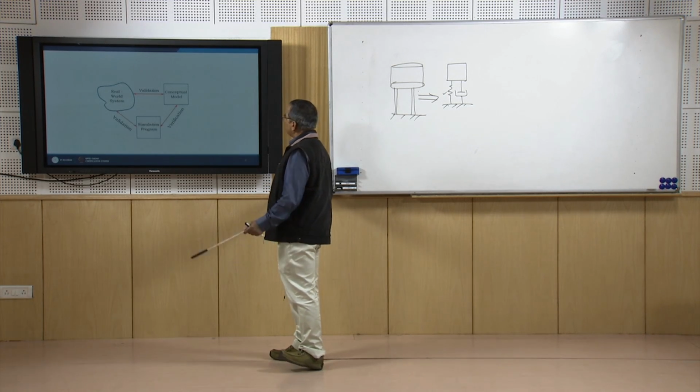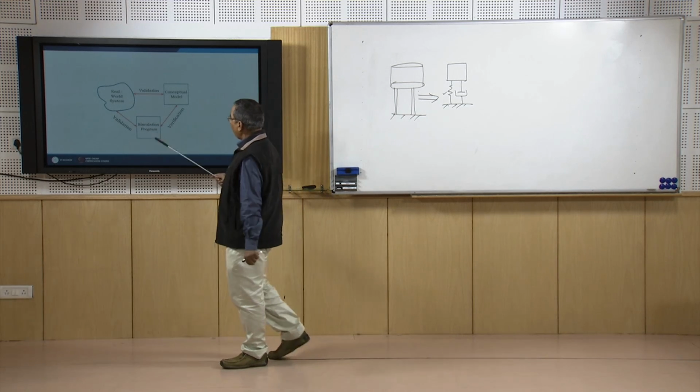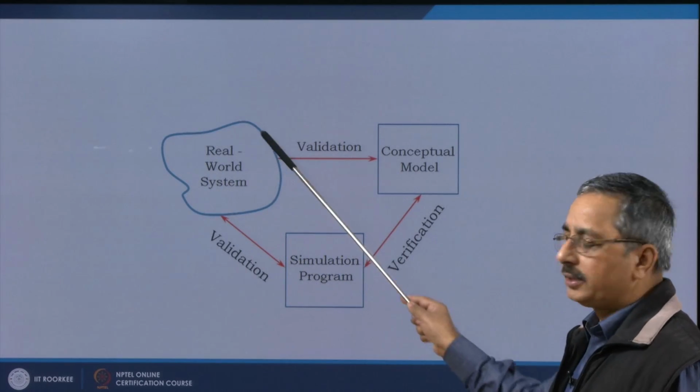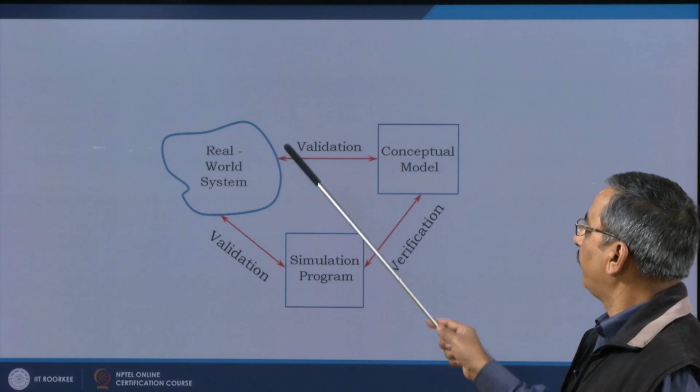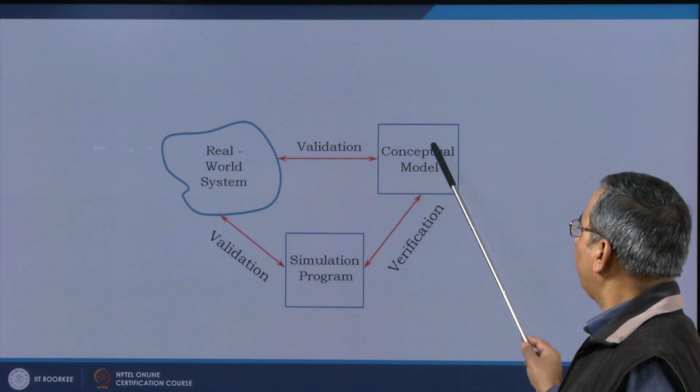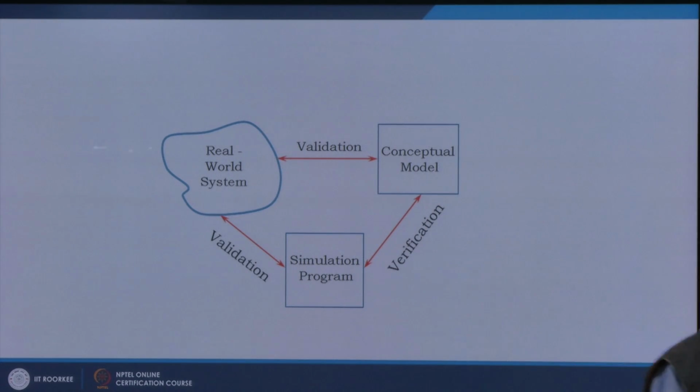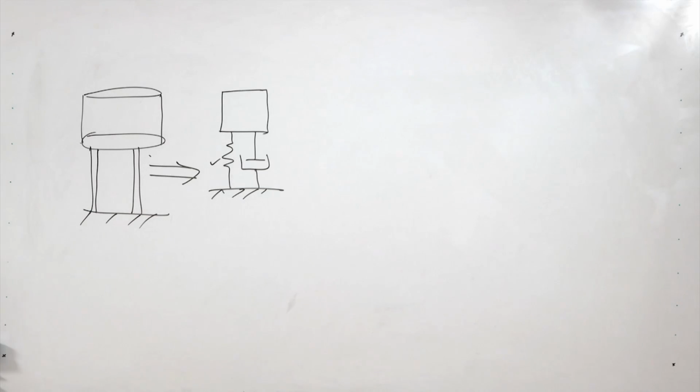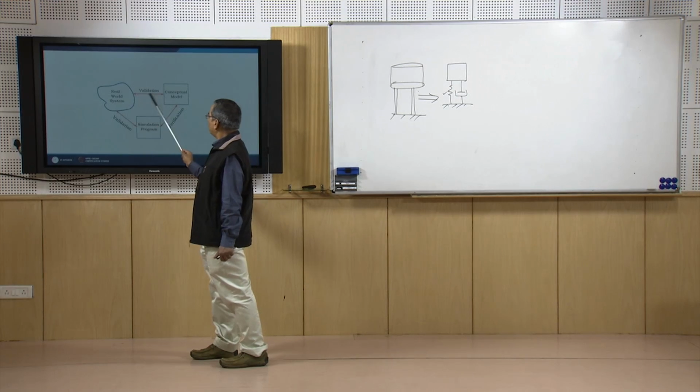So, this is how it is. You have the real world system, and from this real world system we prepare a conceptual model, and this process is what we call validation.